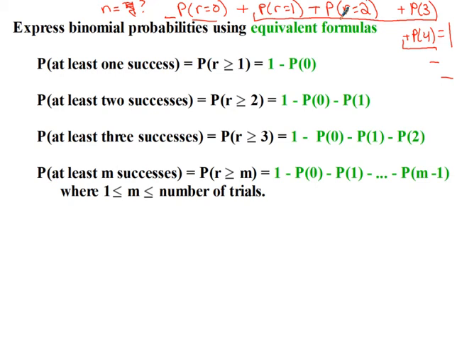I'm trying to develop a pattern here: at least 1 is 1 minus 0 successes. At least 2 is 1 minus 0 and 1. At least 3 is 1 minus 0, 1, and 2. So at least m is 1 minus 0, 1, 2, 3, 4, up to 1 below whatever number I'm given there.